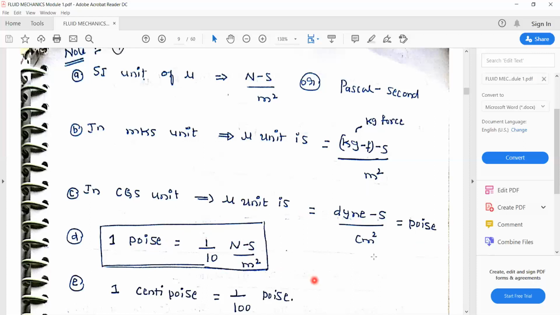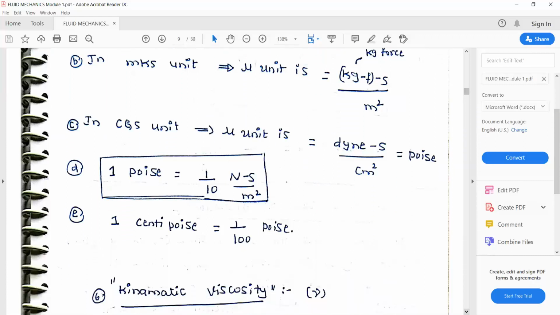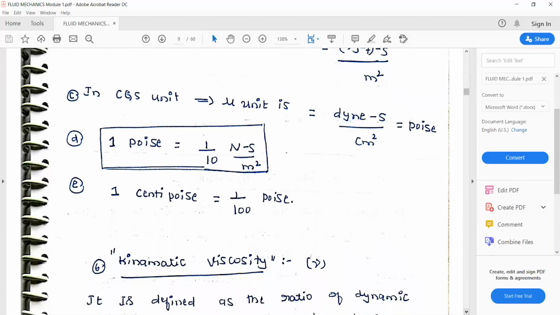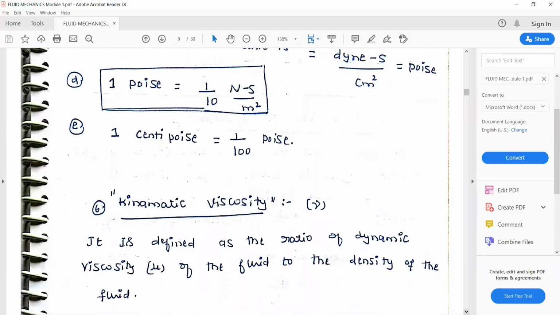Guys, you have to remember this. Next, 1 centipoise is equal to 1 by 100 poise. Till now, whatever we discussed is related to dynamic viscosity.